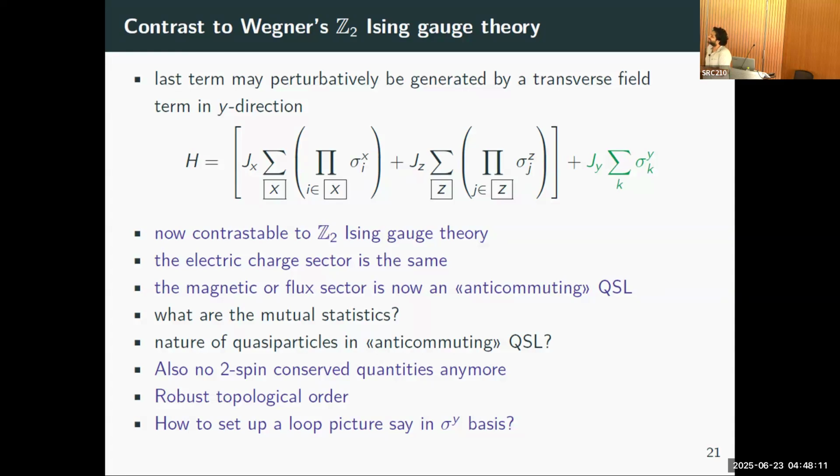I can tell that this sigma y sector does have electric charges, well-defined quasi-particles, at least in the multi-spin variant, which will have some dynamics in this situation. But it's just not clear what is the nature of the quasi-particles in this quote-unquote magnetic sector. So I don't see a way of how to set up that nice thought experiment of exchanging the electric and magnetic charges. So maybe there's a way, but I don't know.